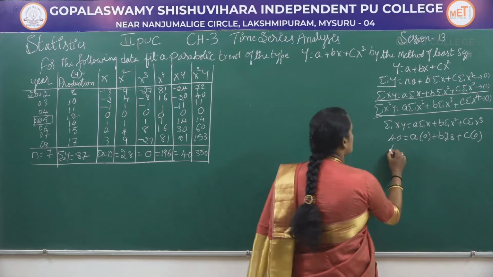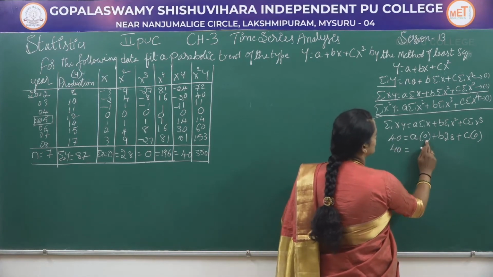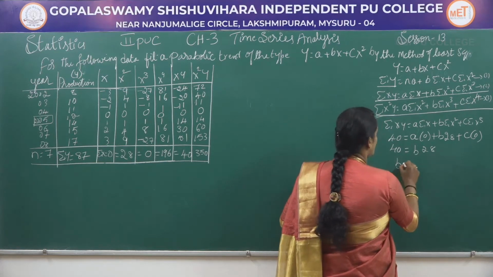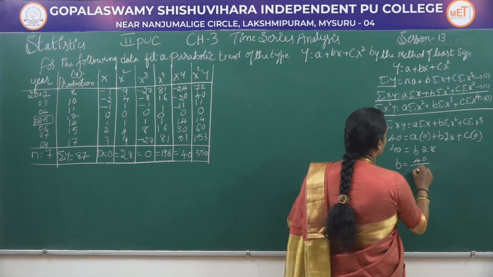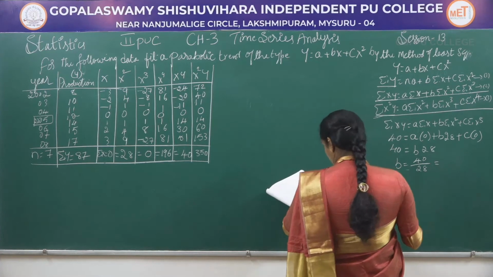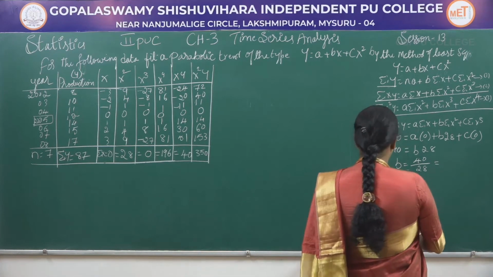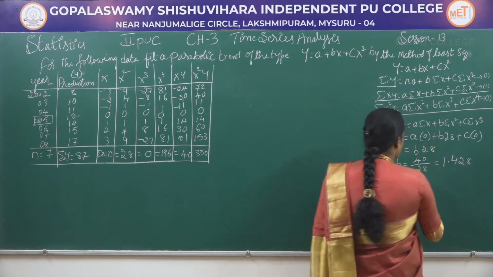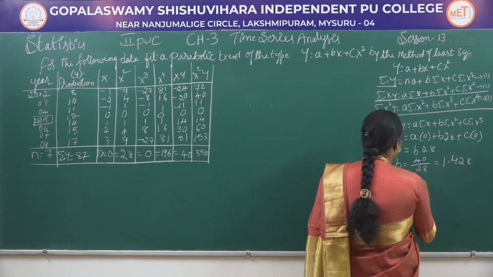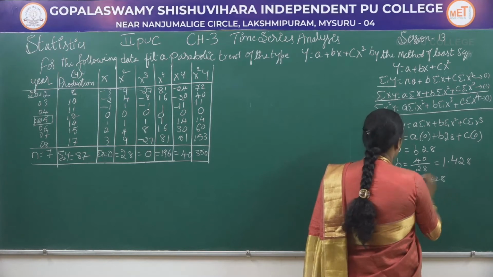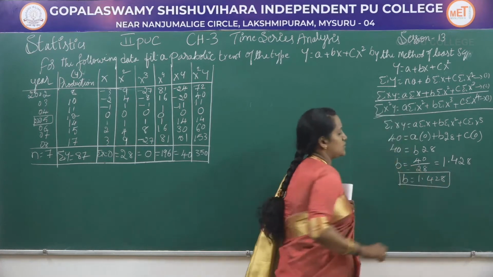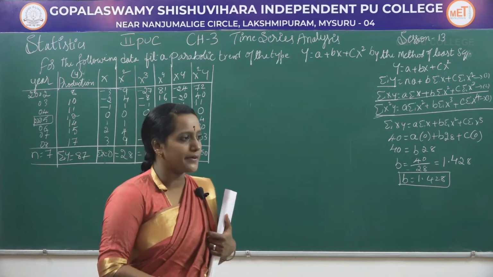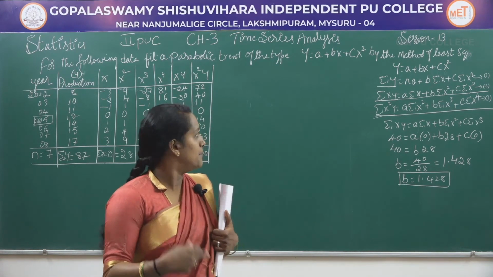So this will become 40 equals 28b, or b is equal to 40 divided by 28, and your b value is 1.428. So using our second equation, I have solved for b.